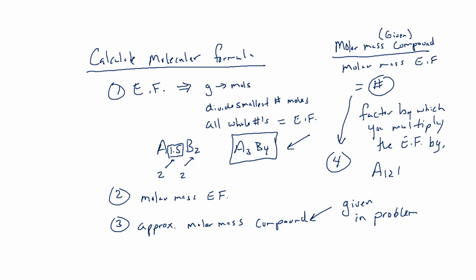And in this example would give us A12B16 as our molecular formula. So that would give us both the empirical formula and the molecular formula. And remember that the one place where you could do a little bit of rounding is there when we're figuring out that factor for the molecular formula.